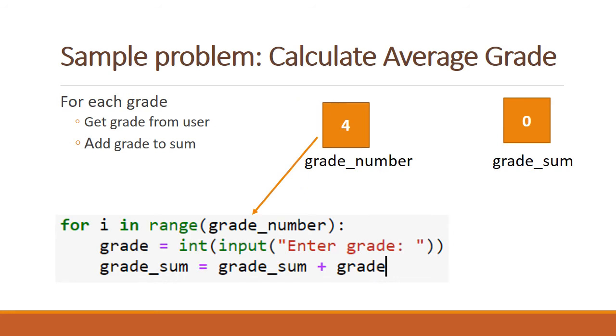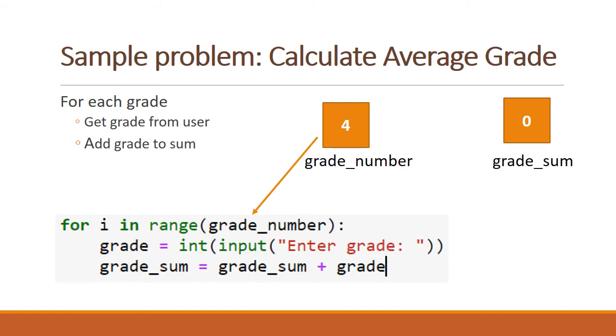So in our example, the user has specified that there are 4 grades to be entered. So at the beginning of our for loop, we have that grade number is 4 and grade sum is 0. In our for loop, i is going to be assigned the integer values 0 through 3, which will cause the 2 statements under our for loop to be executed 4 times.